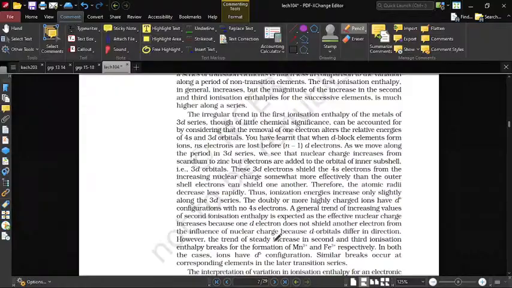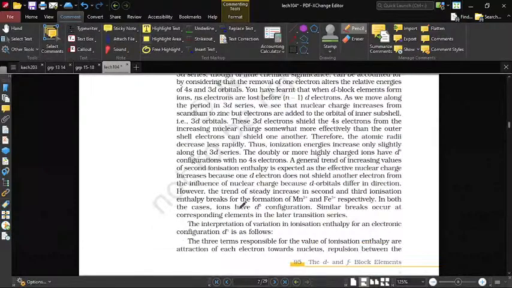However, the trend of steady increase in the second and third ionization enthalpy breaks at the formation of Mn+ and Fe3+ respectively. In both the cases, ions have d5 configuration.